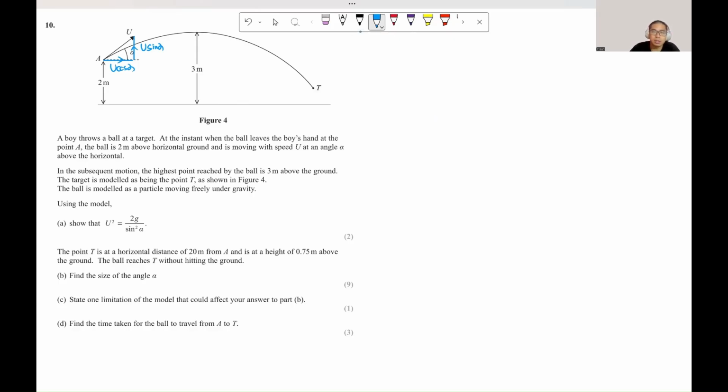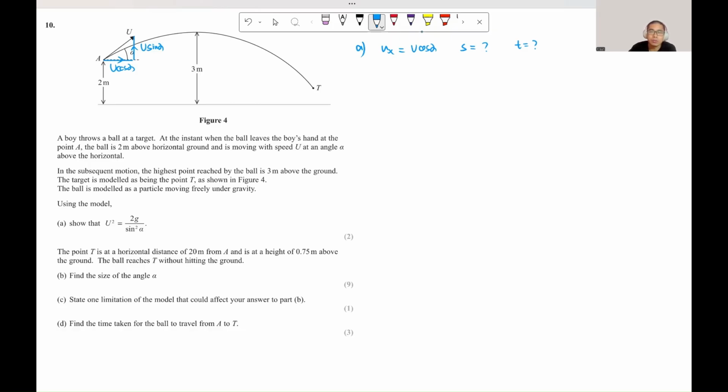So let's check what we know so far. If we want to use the horizontal direction, we only know the initial velocity is u cos alpha, and we don't know the horizontal displacement, and we don't know the time. So we don't have enough information because there are two unknowns, so we can't really use the horizontal direction.